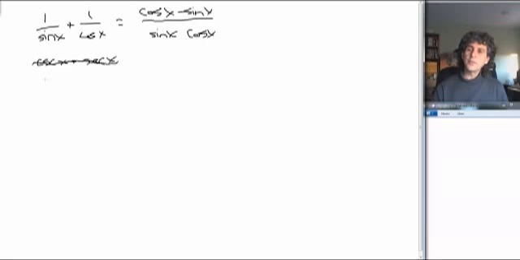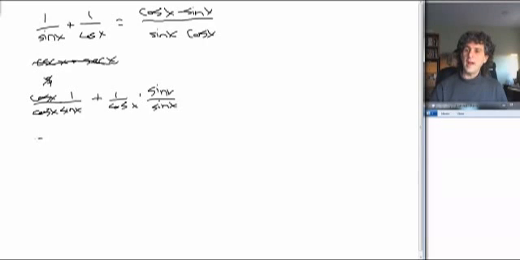So here the trick is, give them an LCD and add them up, because that's fraction addition there. So I'm going to multiply 1 over sine by cosine over cosine. And the other one, 1 over cosine, I will multiply that by sine over sine.